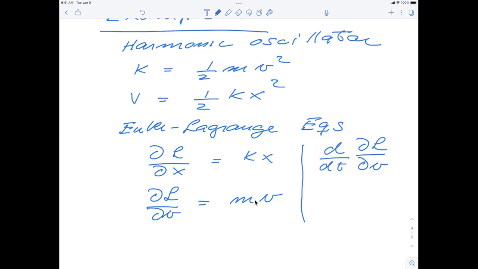Since we now have this term, and we assume that the masses do not change with time, we get m times d/dt of v, and that term has a famous name, right?